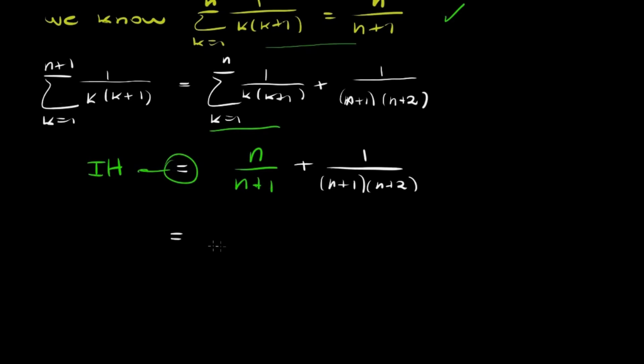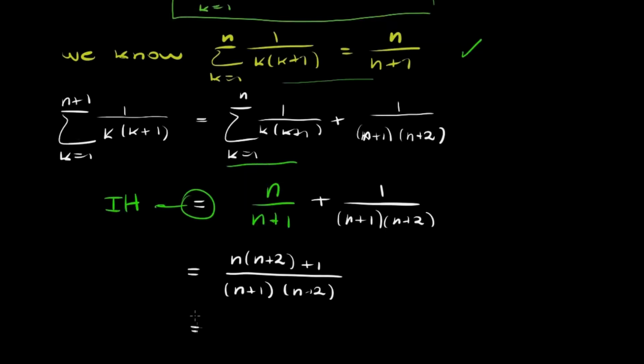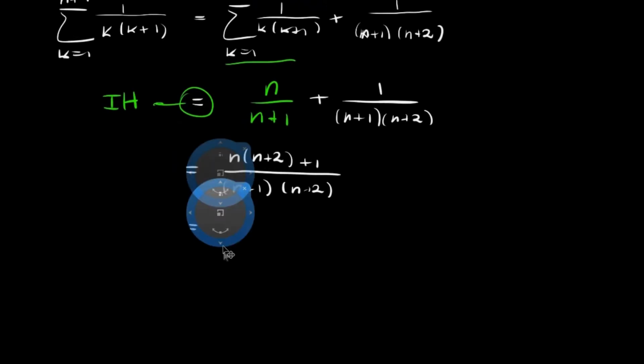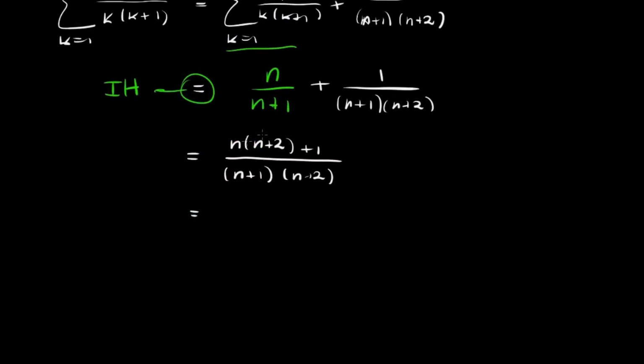So I'm gonna use the common denominator here. The common denominator will be n plus 1 times n plus 2, and up here what we're gonna get is n times n plus 2 plus 1. So let's start solving. We can do some distributives here, and we get n squared plus 2n plus 1 divided by n plus 1 times n plus 2.